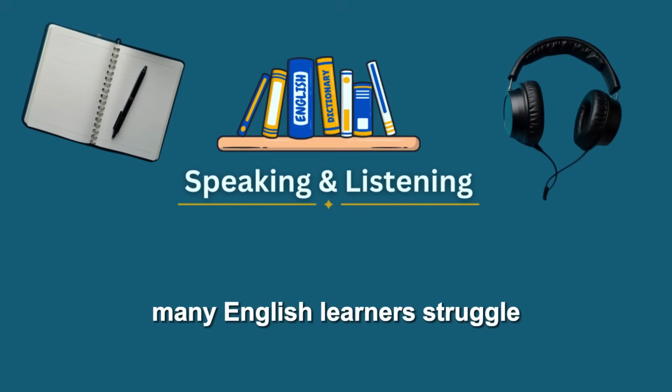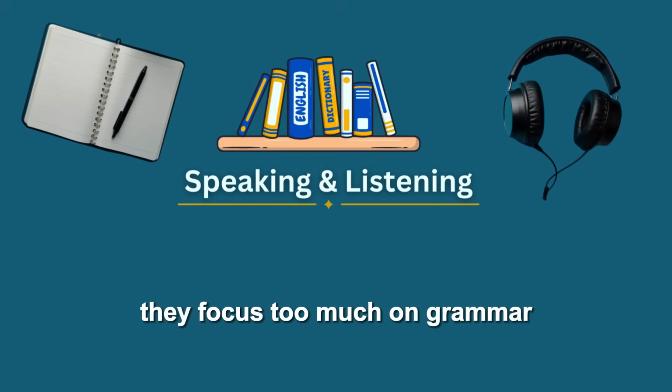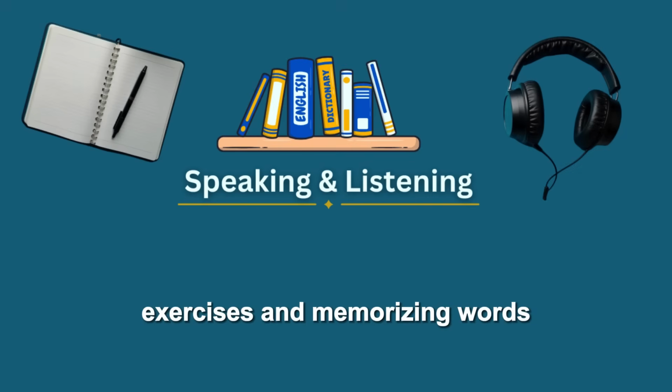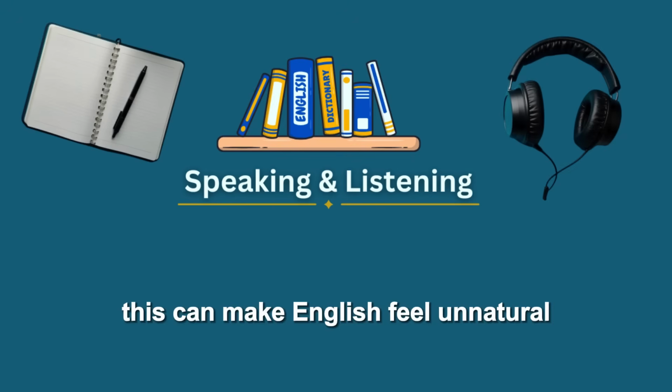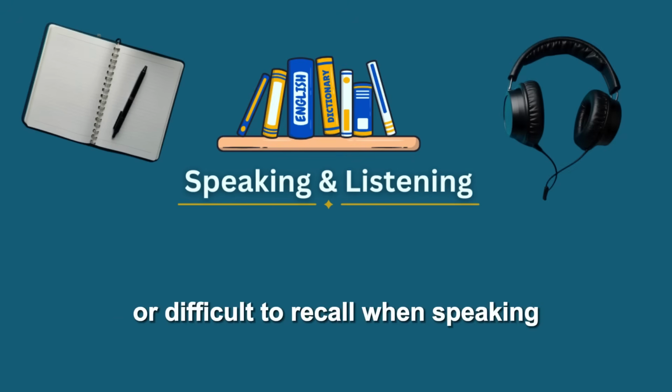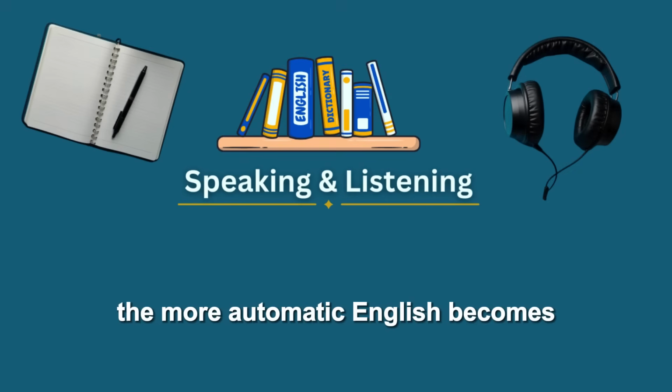Many English learners struggle because they don't get enough input. They focus too much on grammar exercises and memorizing words without actually hearing or seeing those words used in real conversations. This can make English feel unnatural or difficult to recall when speaking. The more input you get, the more automatic English becomes.